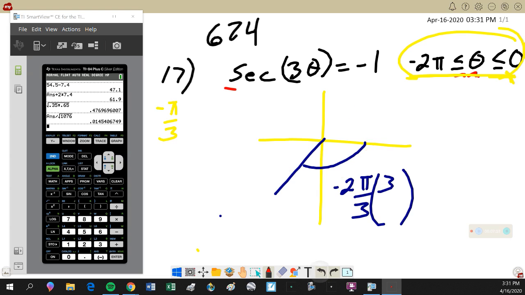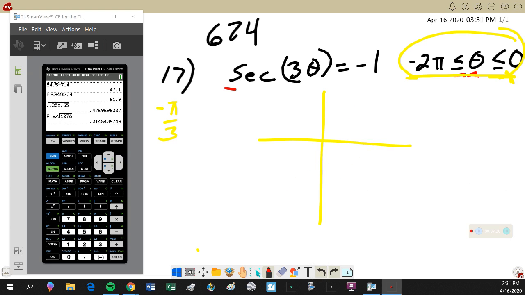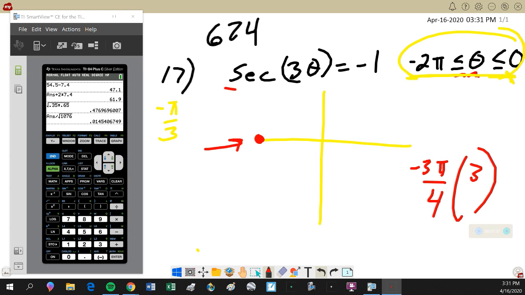Hopefully you're kind of seeing how this works out. Should I try negative 3 pi over 4? No, because I'm going to be multiplying by 3, and my answers need to end here, and those are all whole numbers. In fact, they're all odd whole numbers.